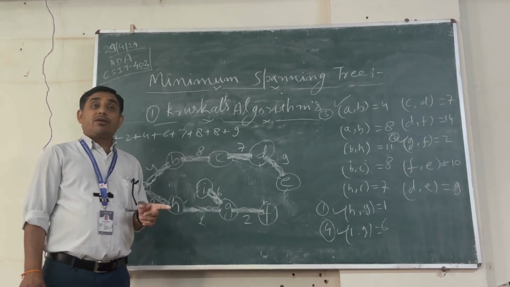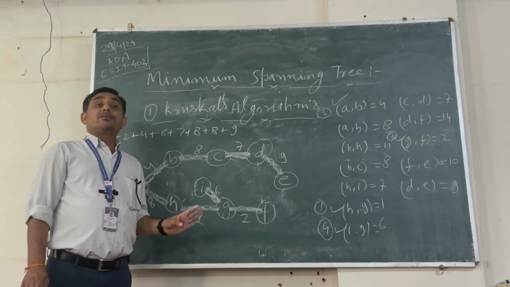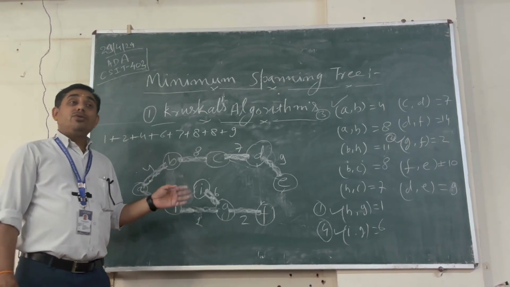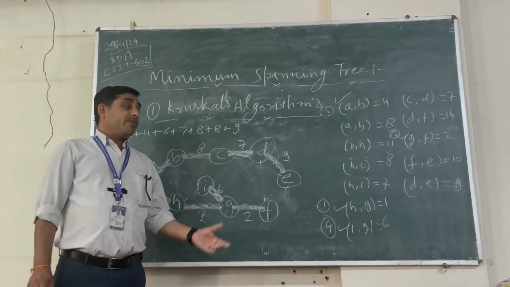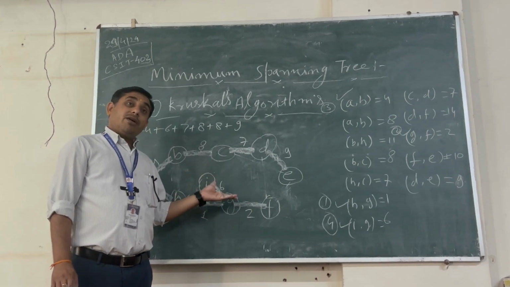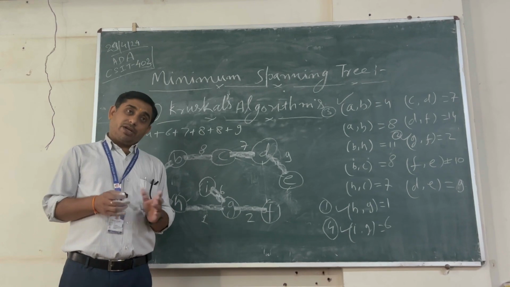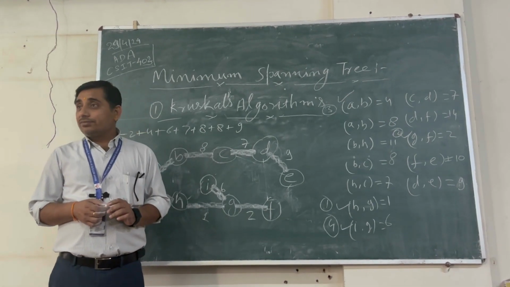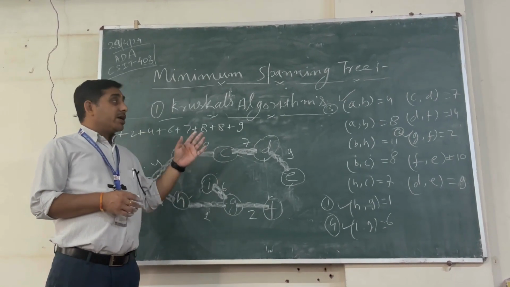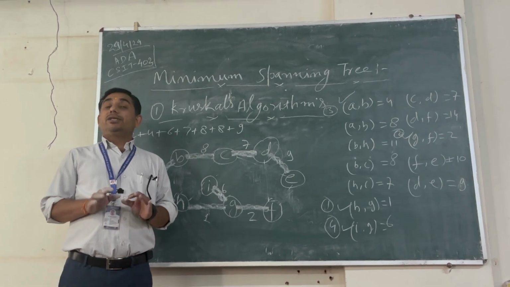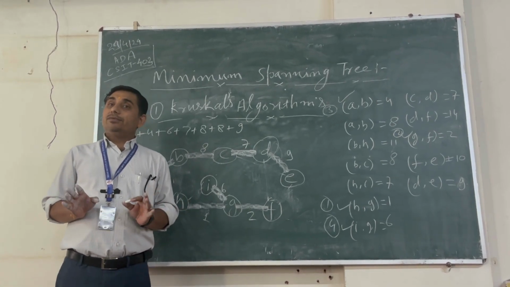But Prim's algorithm does not give the freedom to compute the minimum spanning tree of the disjoint graph or component graph. Clear? So this is the minimum spanning tree. Topic is finished. Okay. Thank you.